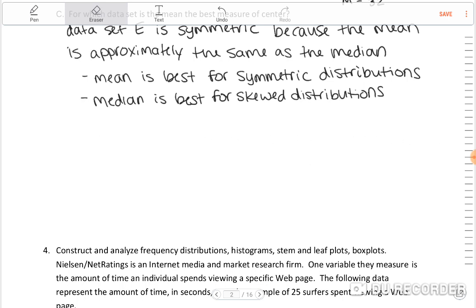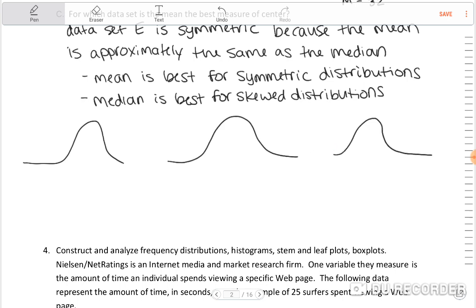Okay, sorry. All right. Well, those aren't great, but I guess they'll suffice to show that this one here is skewed left.